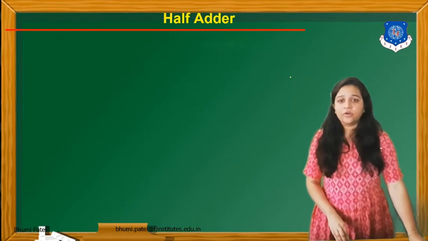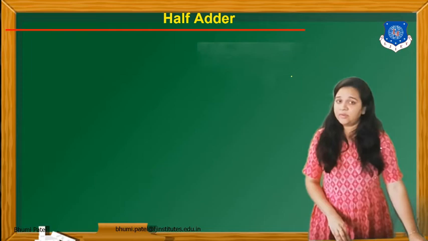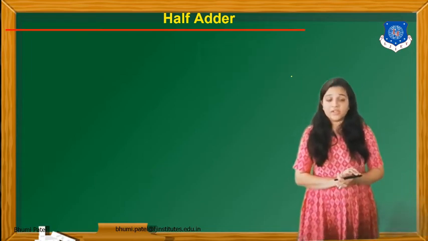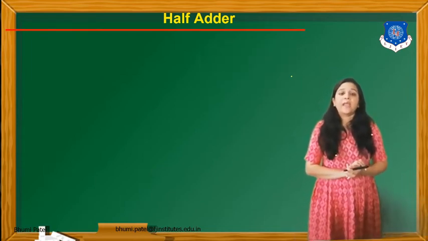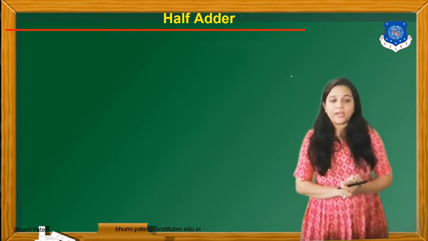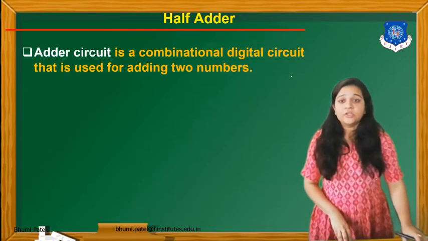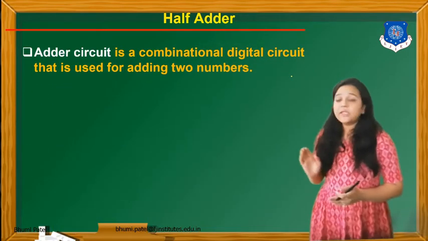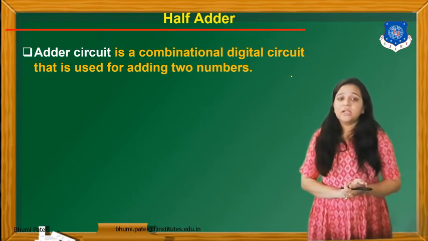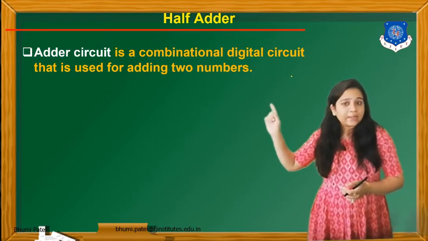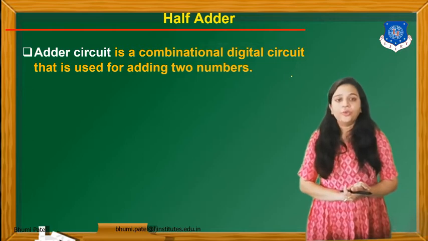So first of all, what is the half adder? Generally adders are classified into two types. The first one is the half adder and the second one is the full adder. So what is the half adder? An adder circuit is a combinational digital circuit that is used for adding two numbers.